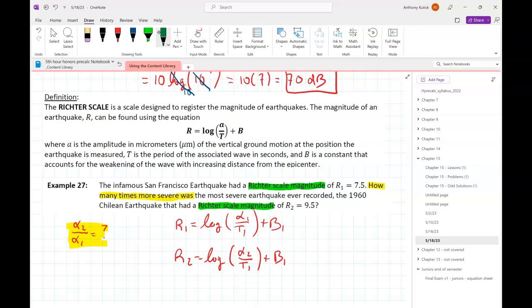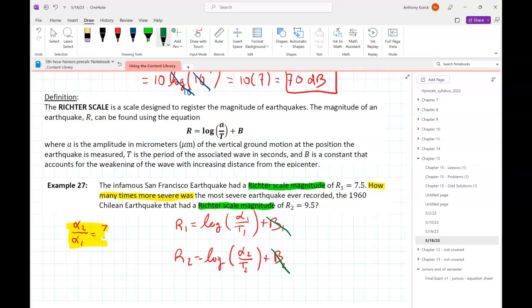So what is that going to say about the B's? They're 0, right? If we have a measurement at the epicenter, what correction factor would we need? 0. And since we're given the Richter scale magnitude, whatever correction factor was needed for whatever measurement they took was already applied. So we can just make the B 0 there.